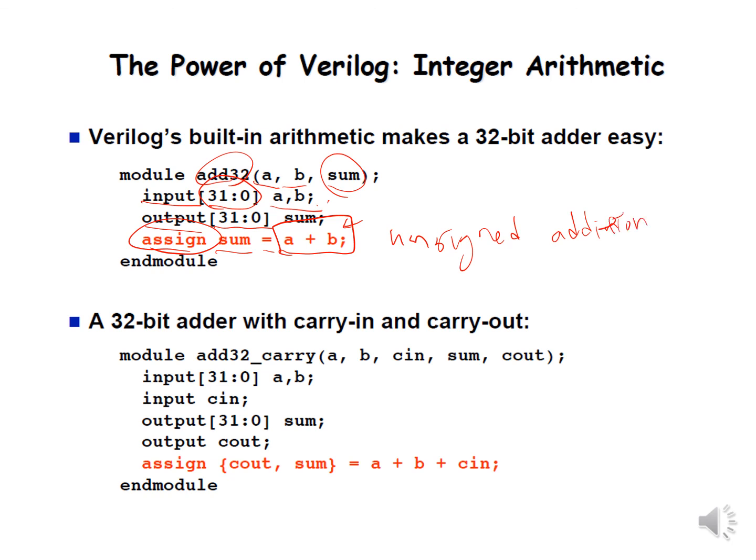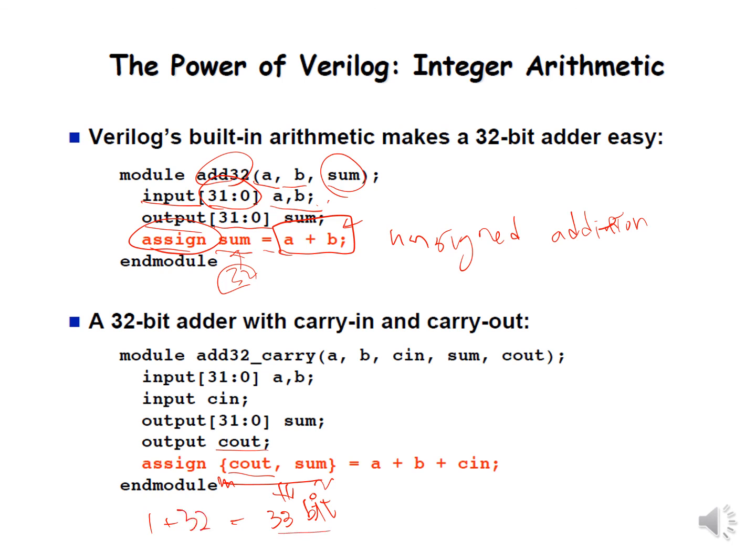Then the 32-bit plus 32-bit sum is on 32 bits and is assigned to sum. If you want to represent the carry in and out, you can use the concatenation operator so that the output total is 33 bits, because Cout is a single bit and sum is 32 bits.